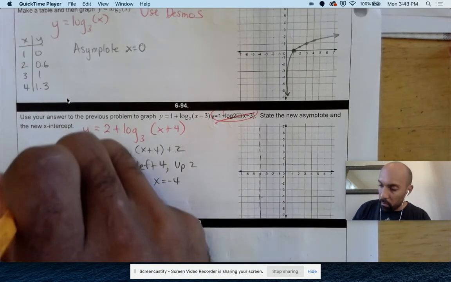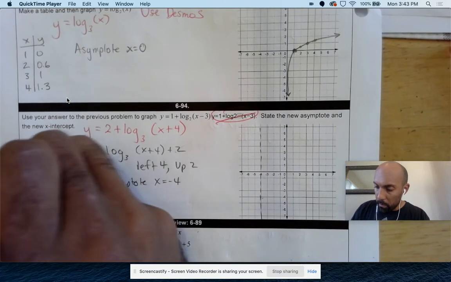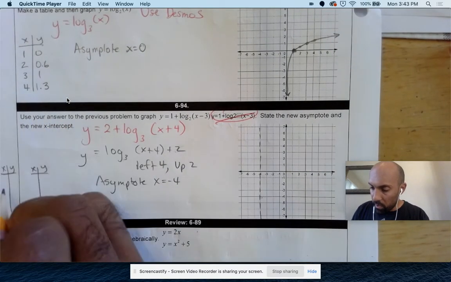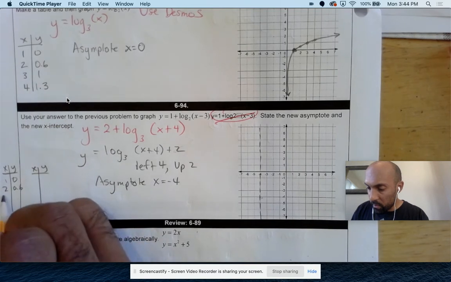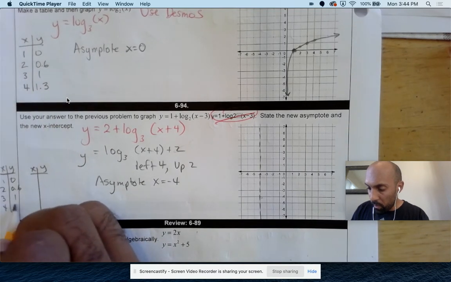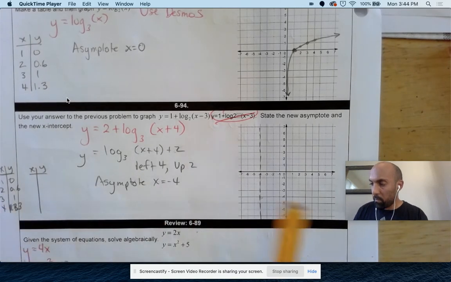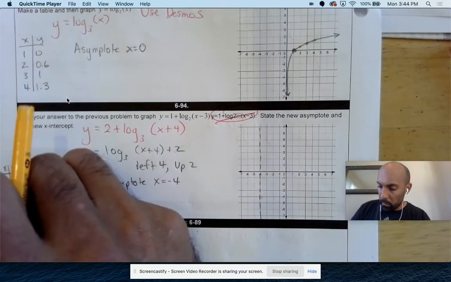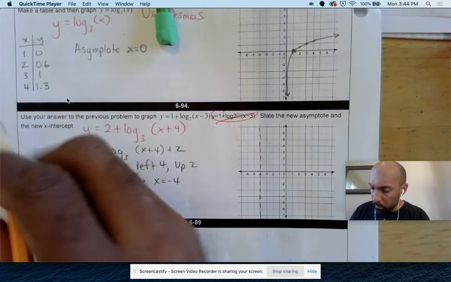And our table now, I'm going to write it side by side so you guys can see that. So I'm going to repeat that down here. 2, 0.6, 3, 1, and 4, 1.3.